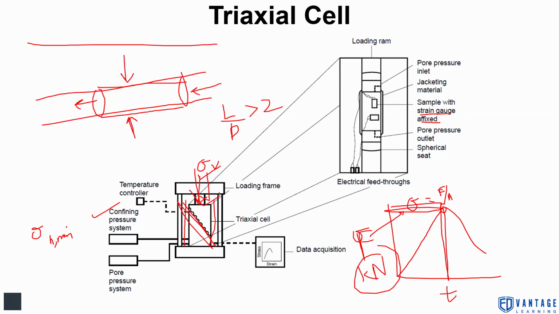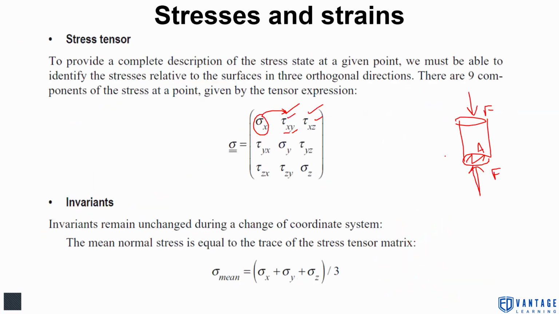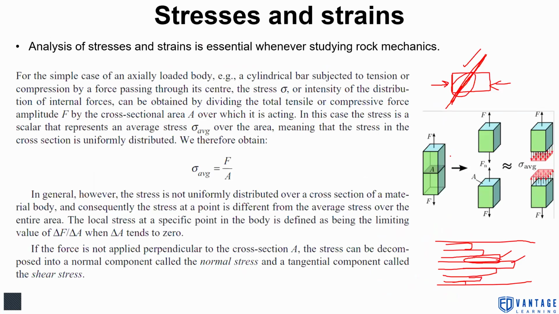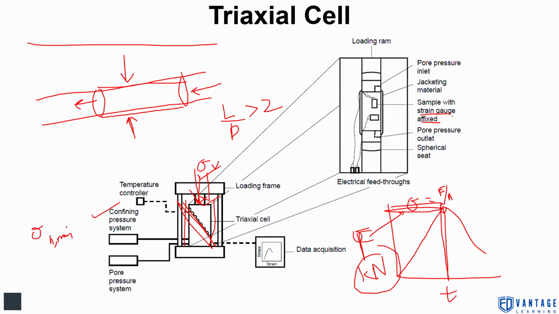So what happens, I have already told you, in compression, your length will decrease, but your area will increase, right? Area will increase. So you want to see what is the increase of area from these strain gauges affixed. So these are transducers, which will try to tell us what is the equivalent reduction in length, delta L. So we will see what is the strain at this stress, at the failure stress, sigma failure.